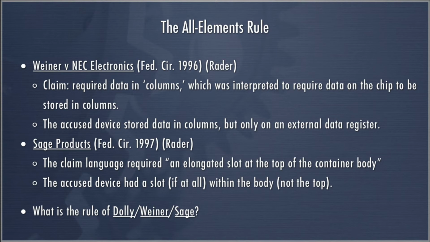So the issue again is the same as Weiner and Dolly, which is Judge Rader wrote an opinion that said, well, the right construction of the claim requires the slot to be at the top of the container body. Here, you might say there's an equivalent slot, but where that slot is located, there is no top. There just is no top to the container body of the accused infringing device. It was a much more curved piece. The patentee, of course, argues that that's equivalent, right?